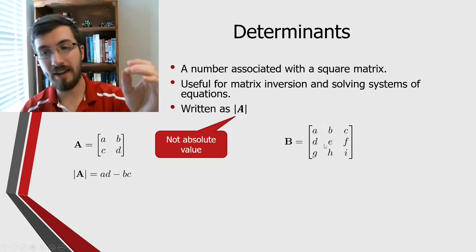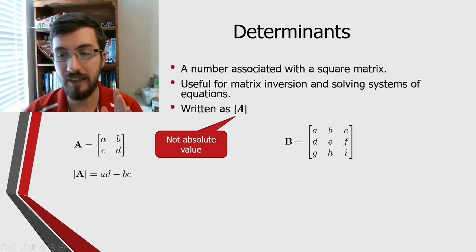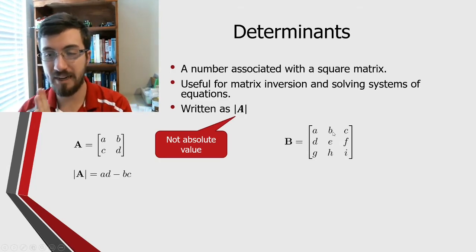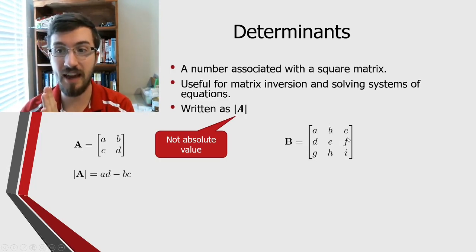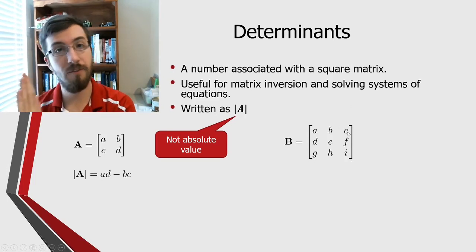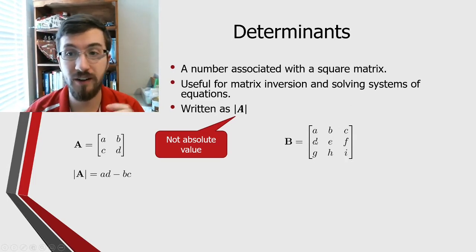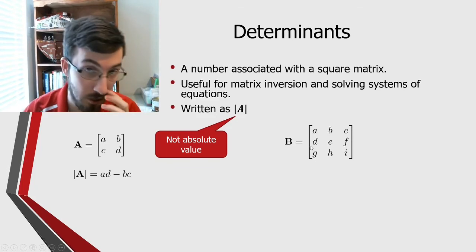So for A, we find the determinant of E, F, H, I. For B, we find the determinant of D, F, G, I. And for C, we find the determinant of D, E, G, H.